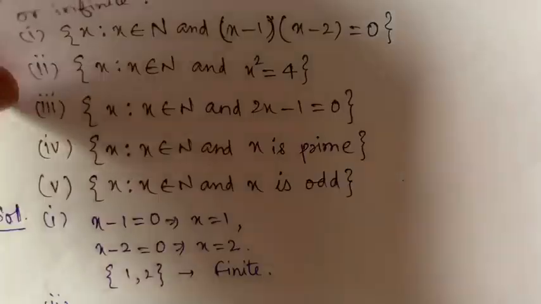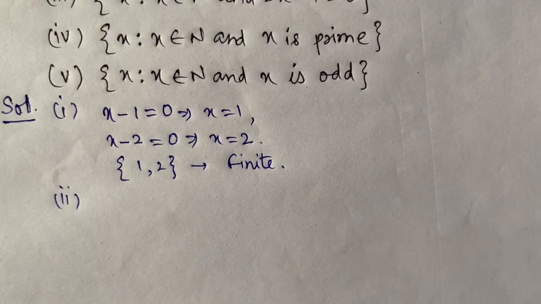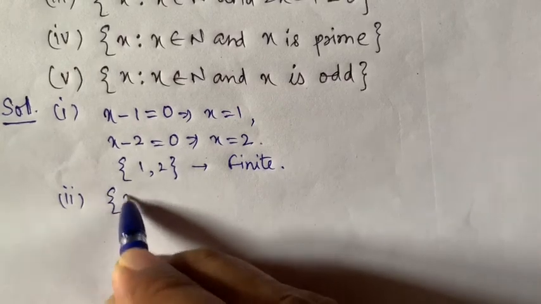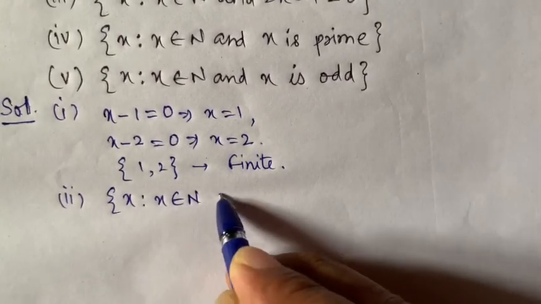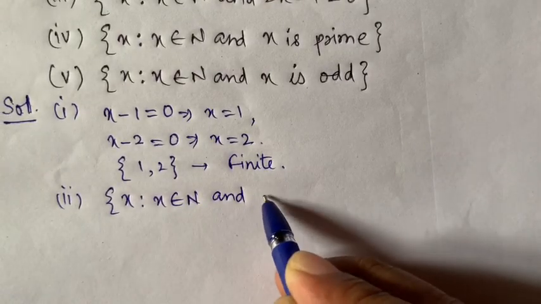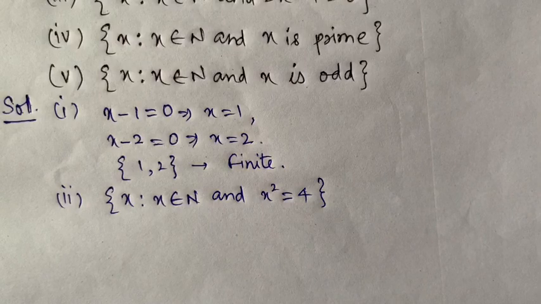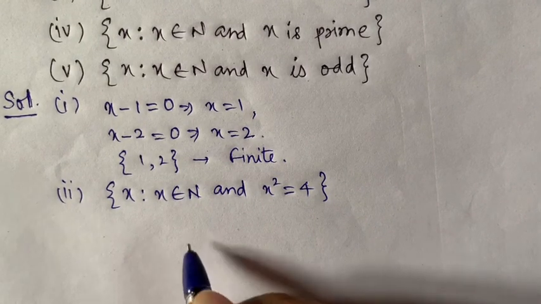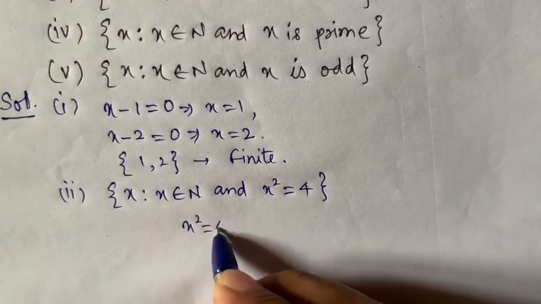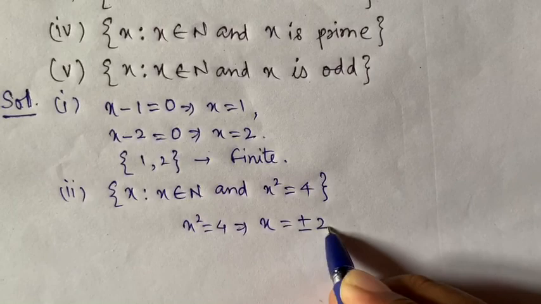Second part of the question is x such that x belongs to the set of natural numbers and x square is equal to 4. Now if we solve it, x square is equal to 4 implies x is equal to plus minus 2.